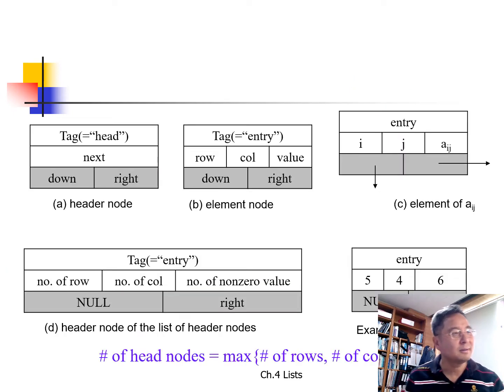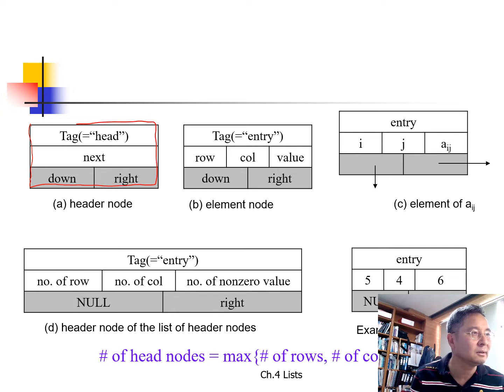Now this explains the previous slide in figures. This is one node for a header node, which has 4 fields. The next field points to the next header node.